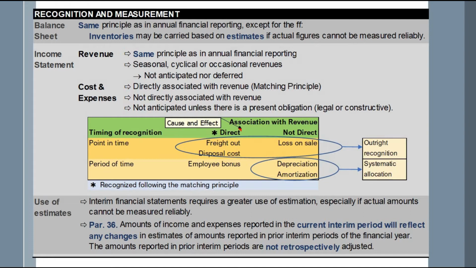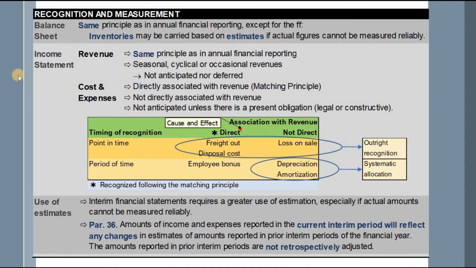In Intermediate Accounting 1, we have studied the methods of inventory estimation, and the most common method used is the gross profit method. Using that method, we can determine the inventory that will be presented at the end of the interim reporting period for the balance sheet, and those are based on estimates.